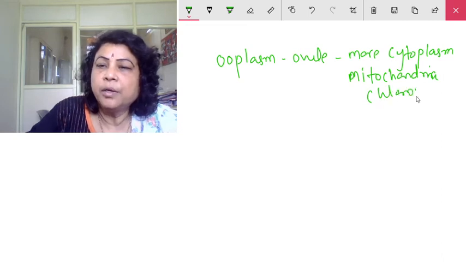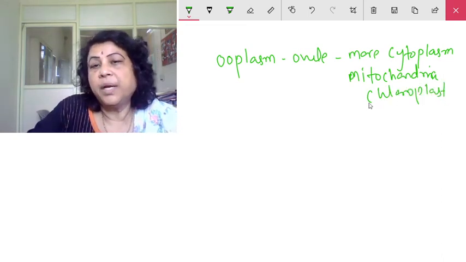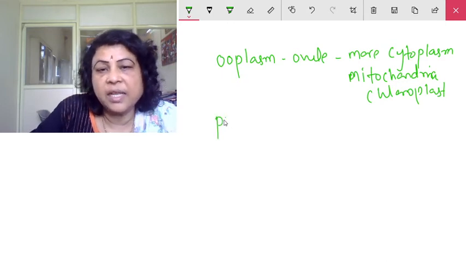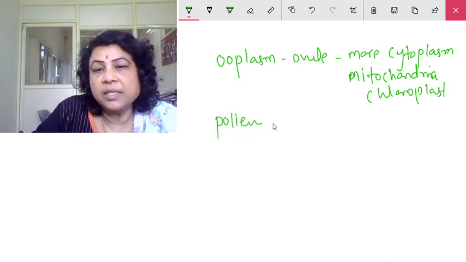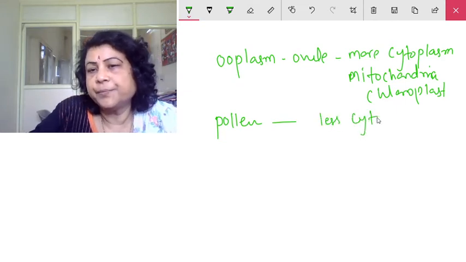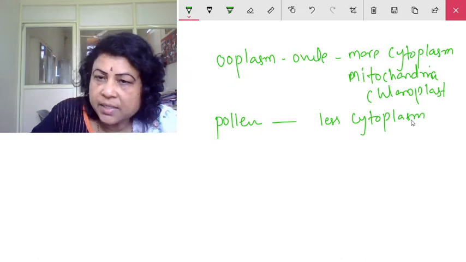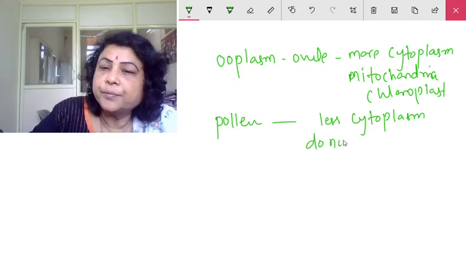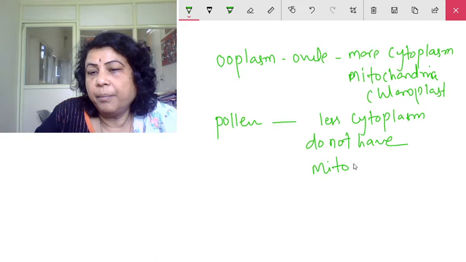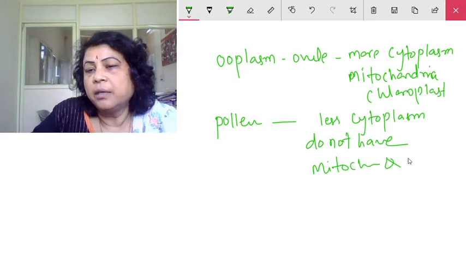Mitochondria and chloroplast. But the study of pollenogenesis states that pollen grains have very less cytoplasm, and they do not have the mitochondria and chloroplast.